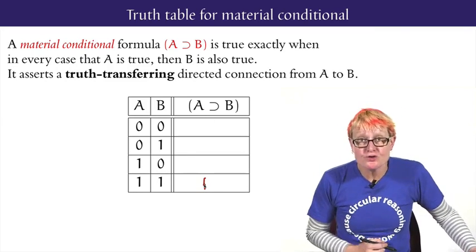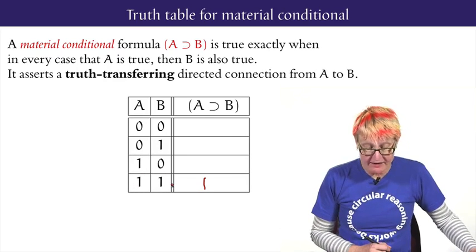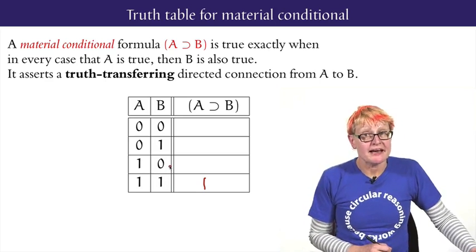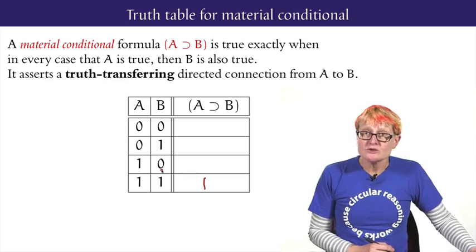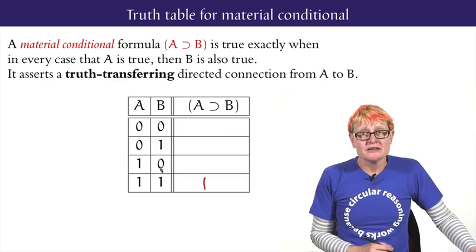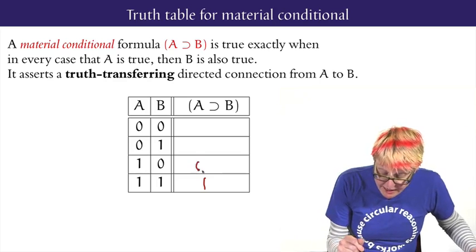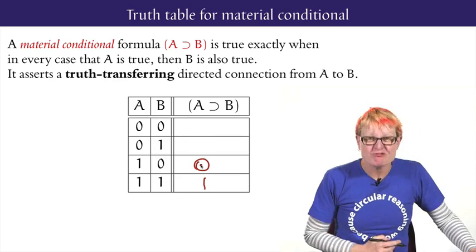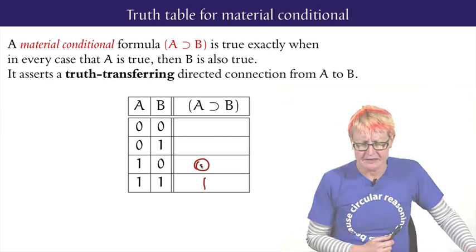This is because truth is transferred, in this case, from A to B. In the third row of the table, when A is true and B is false, it's also clear that the conditional A horseshoe B must be false, and we write 0, because in this case we have a direct violation of truth transfer from A to B.